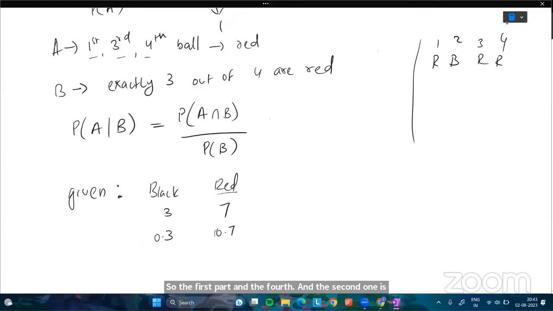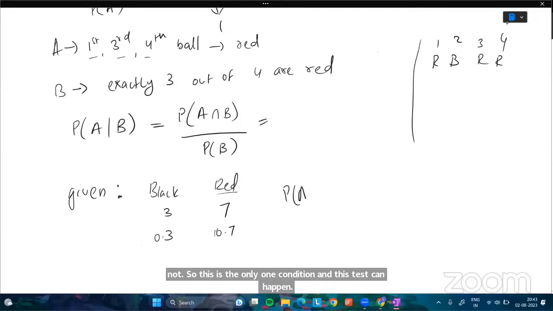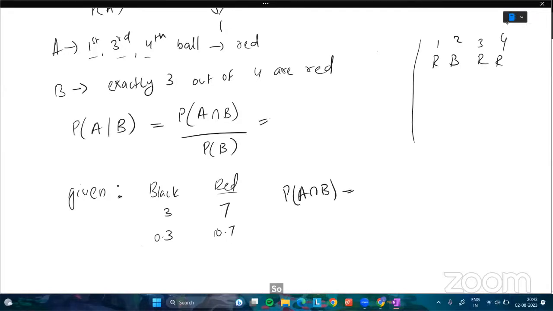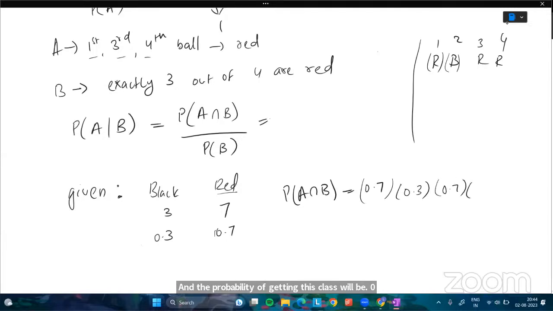This is the only condition in which this can happen. So the probability of A intersection B: the probability of getting this red will be 0.7, and the probability of getting this black will be 0.3. Again, red will be 0.7 into 0.7. So this will be the final probability, and we'll just leave it as is for now.